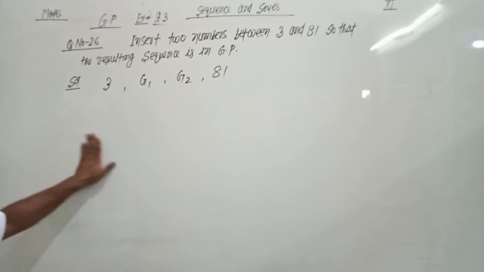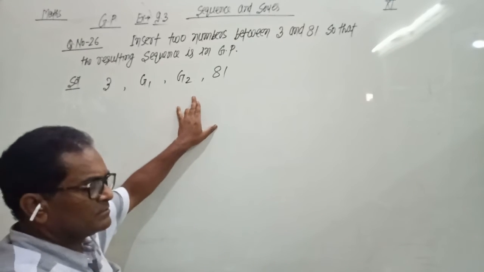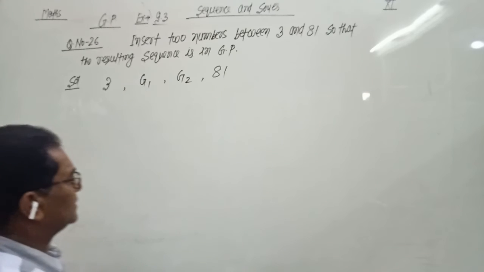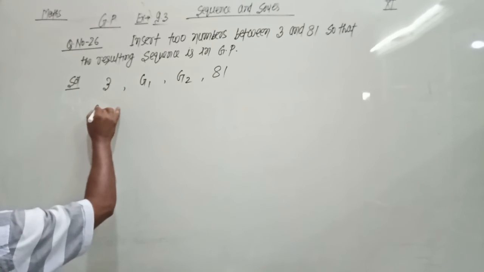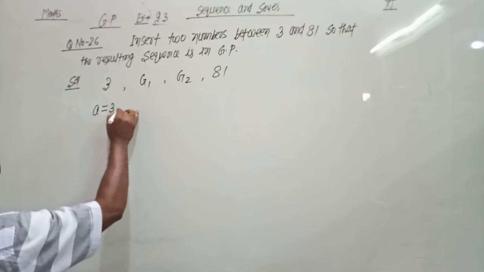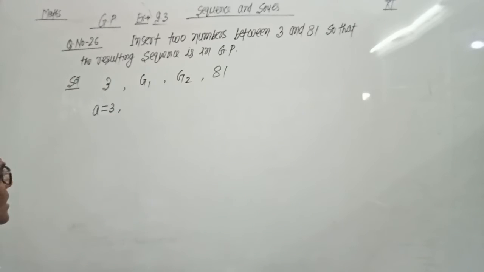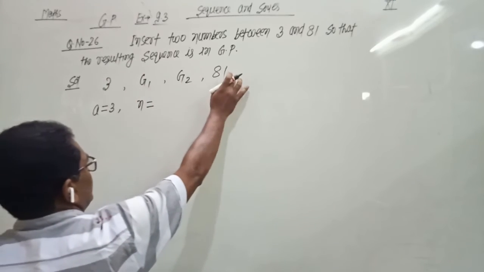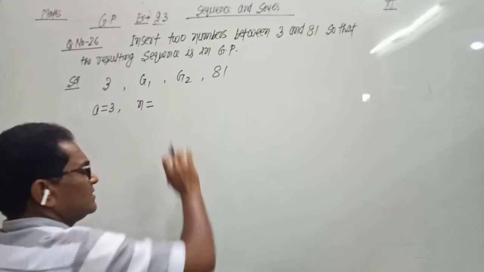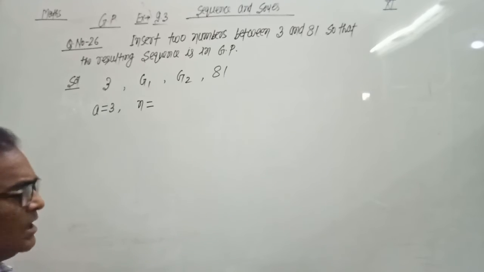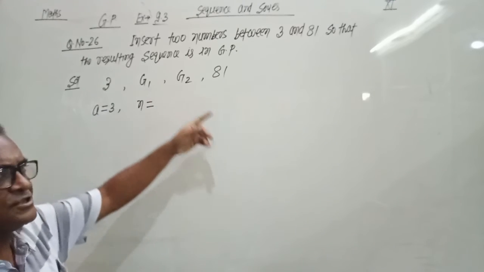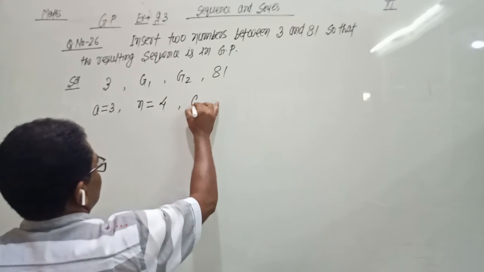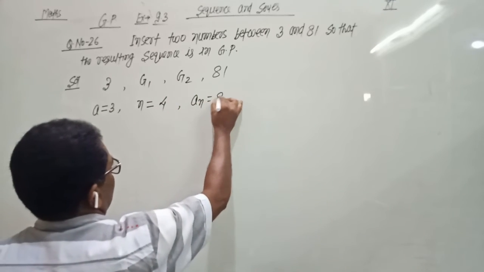G1 and G2 are two geometric means inserted between 3 and 81. So the first term A is 3. Already two numbers were given and we inserted two other numbers G1 and G2, so total number of terms becomes 4. And the last term AN is 81.